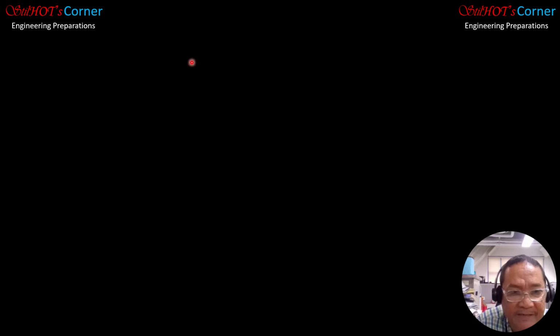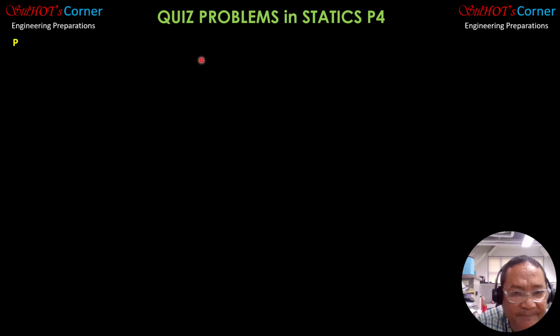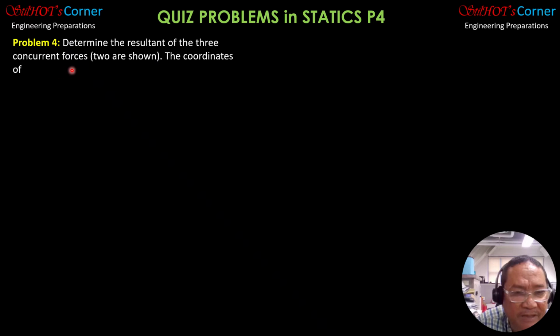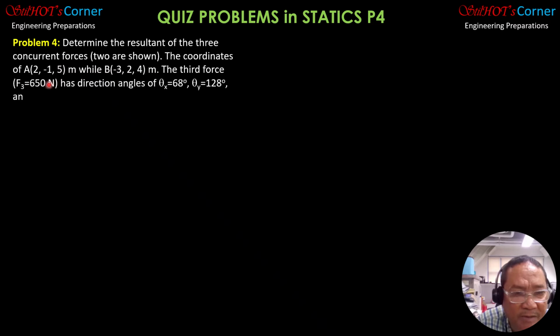So here is the problem. Determine the resultant of the three concurrent forces, of which two are shown. The coordinates of point A is at 2, -1, 5, while B at -3, 2, 4 meters.